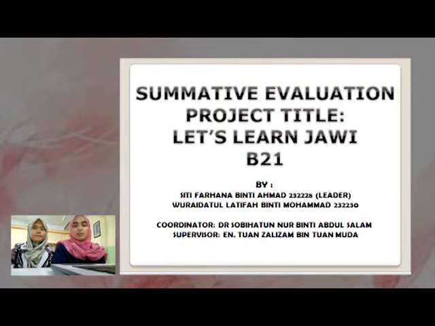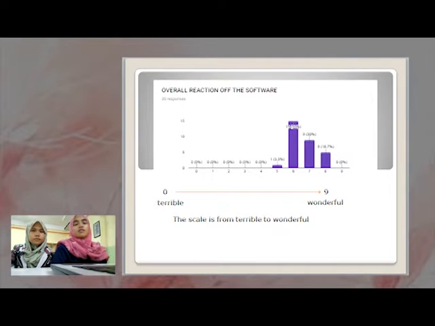Firstly, for the summative evaluation, we took 30 respondents from UUM students to evaluate our project. The first question from the summative evaluation asks the overall reaction to the software.